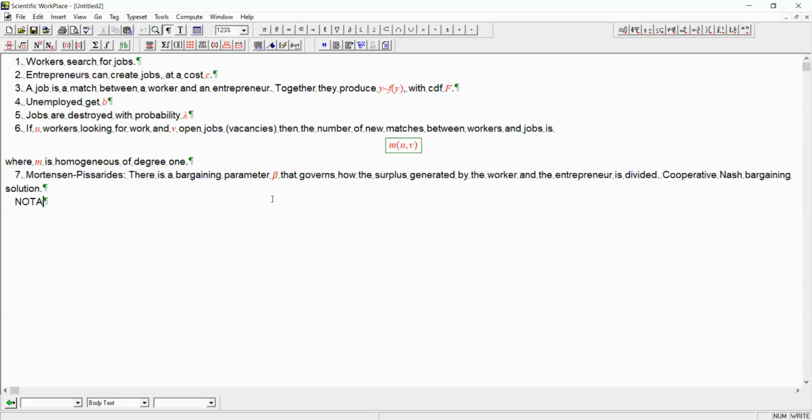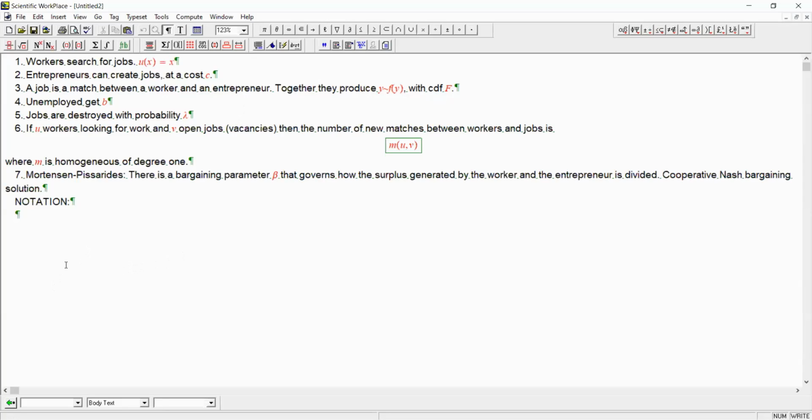Next, some notation. First, as before, we're assuming that worker instantaneous utility is linear, as before.